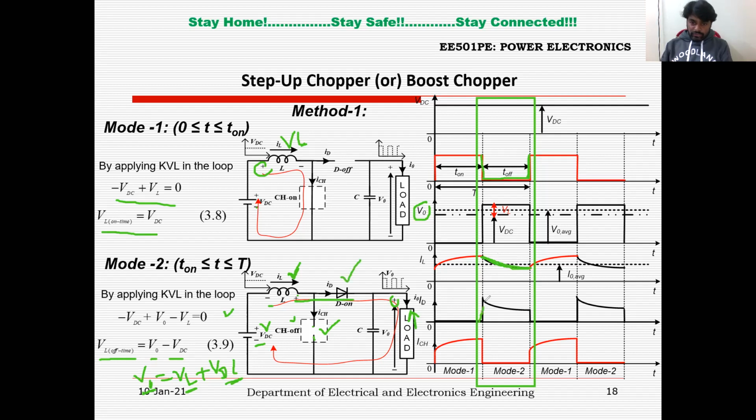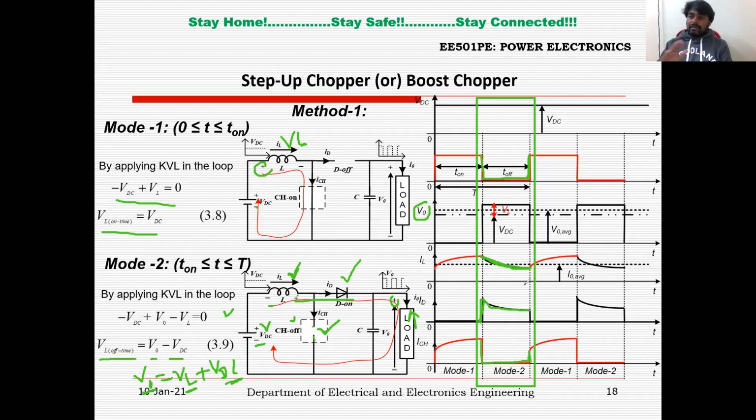So you can see the diode current suddenly goes to some maximum current, then it will reduce to some minimum value linearly, because the inductor is discharging energy. And the thyristor, which is the chopper, is in off condition, so you won't get any current through the chopper. So you can see zero current through the chopper.